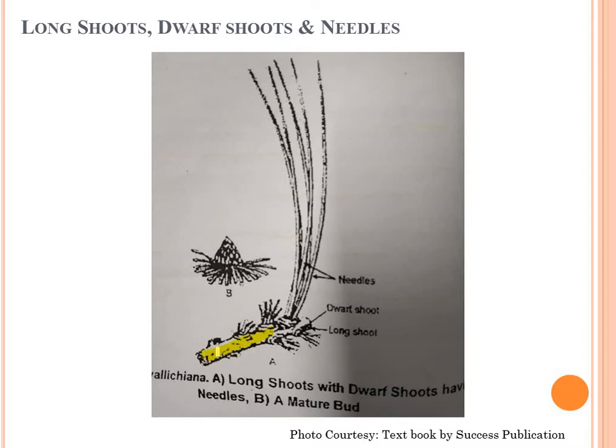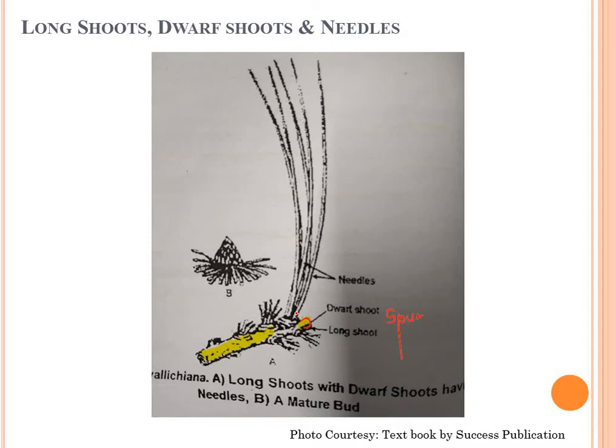Then on long shoots, dwarf shoots are born, and these dwarf shoots are also known as spurs, or shoots with limited growth.